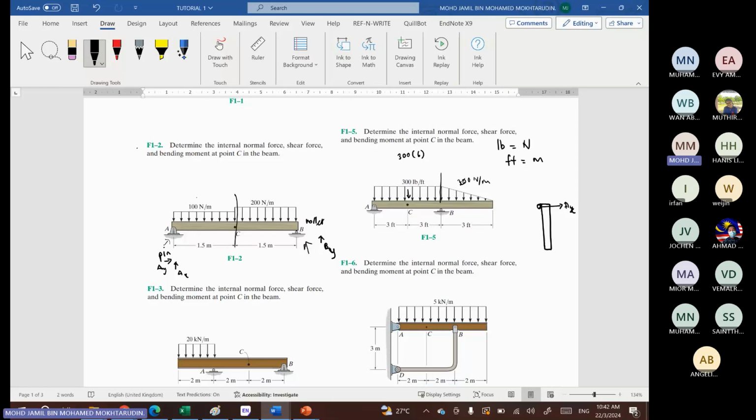And then for the other distributed load, it is a triangular distributed load. So for triangle, you need to remember this lah. Okay, so if you have triangle load, so if you want to convert the distributed load into resultant load, then it will act at this location. Okay, so it will be 1/3 of the length.